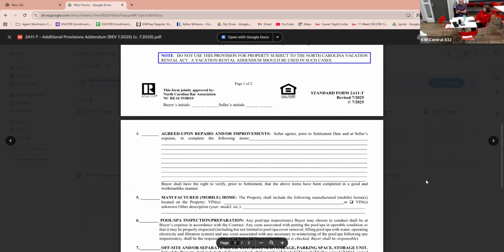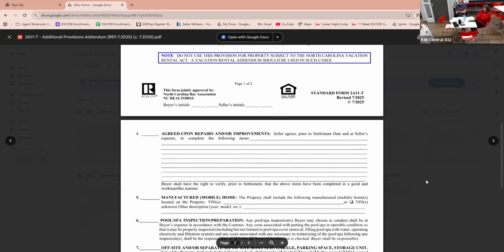Most of the time the seller is going to say, this happened before we bought the property, and I'm not going to pay to have it permitted now. It was here when we bought it. But at least the buyer has the option of accepting the property as it is, knowing these things were not permitted, versus not knowing and then coming back and suing me.